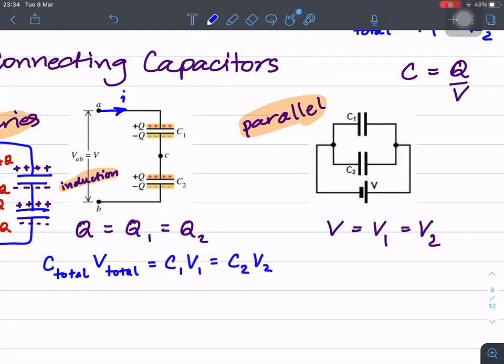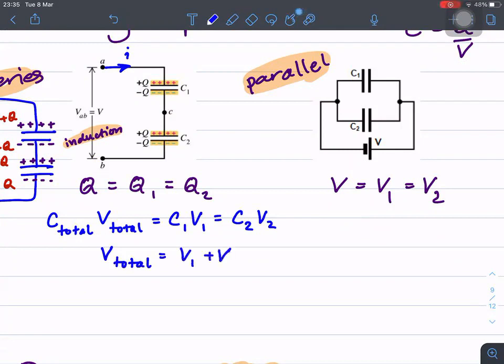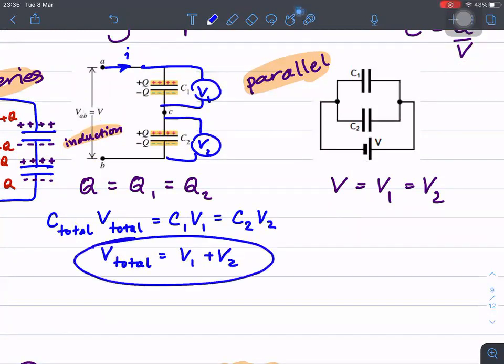But we have that V total is equal to V1 plus V2 because they are connected in series. So this makes sense: if this is V1 and this is V2, the total V would automatically be the summation of 1 and 2.